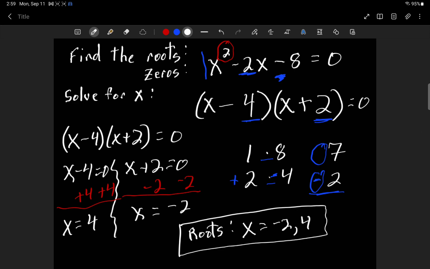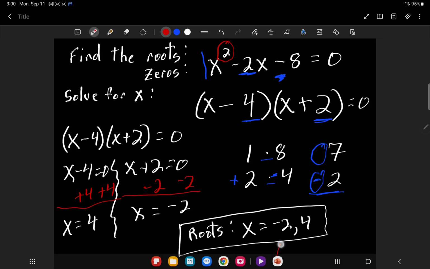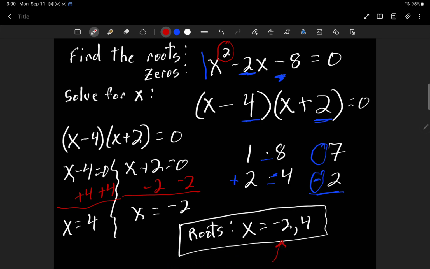In a word problem, they may not be the answer. They're both solutions to the mathematical problem, but if I was measuring distance, the negative 2 would not be a solution, right? Because you can't have negative distance. If I was measuring time, you can't have negative time.